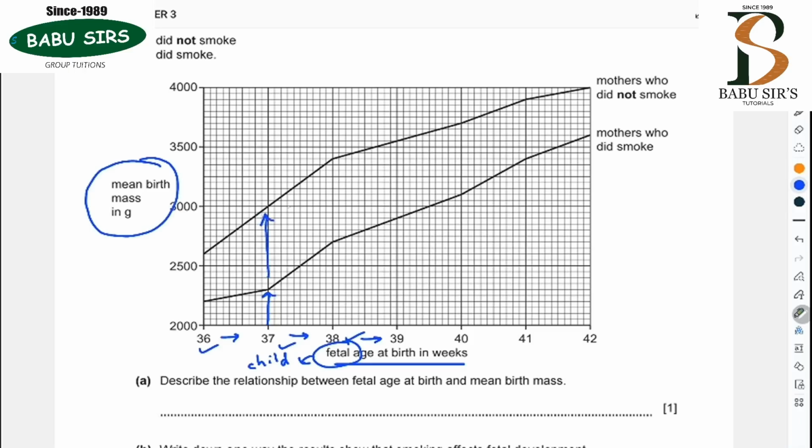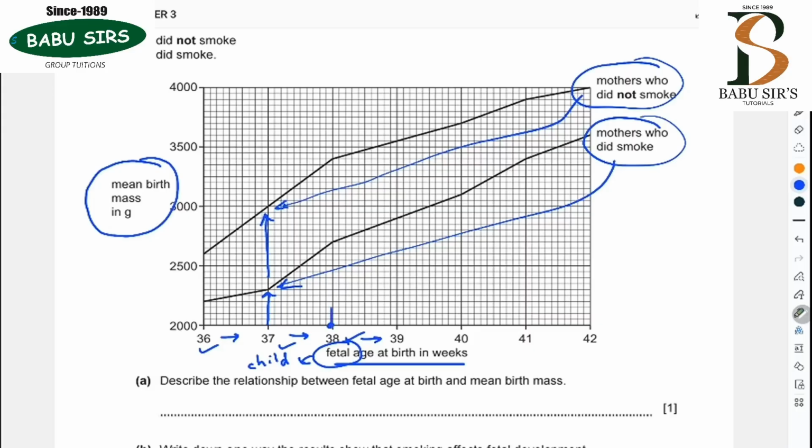Now what is the difference in these two graphs? One mother is not a smoker and one mother is a smoker. So smoker mother has lower mass. The child born with the smoker mother has less mass, and with non-smoker has more mass.